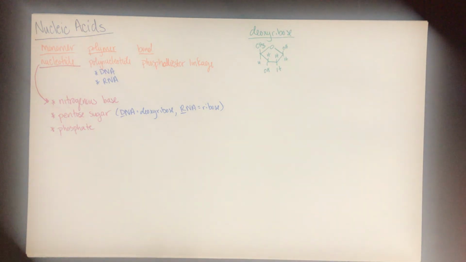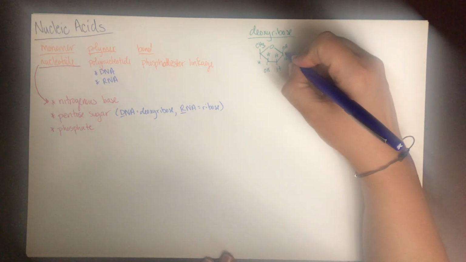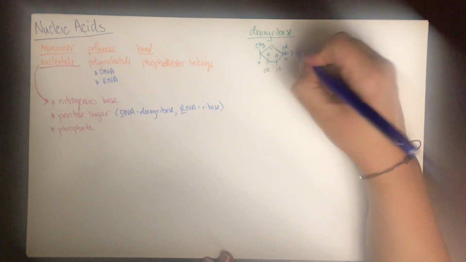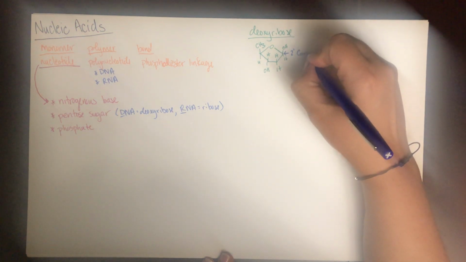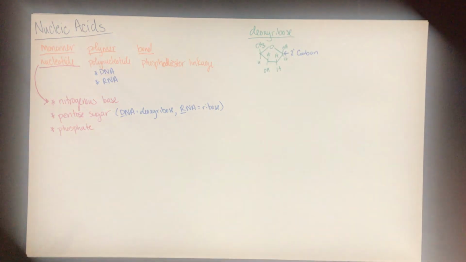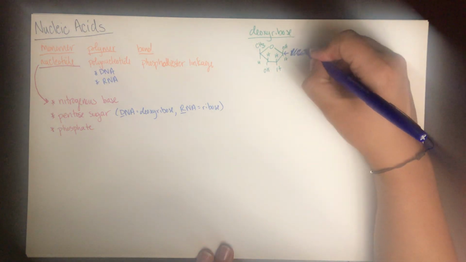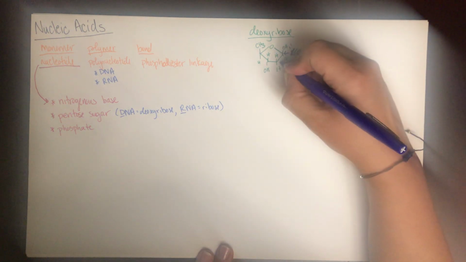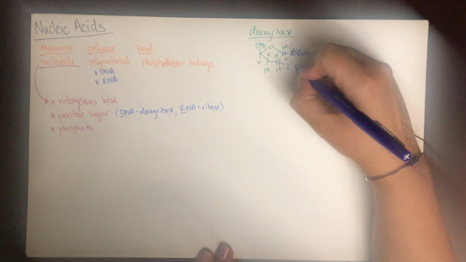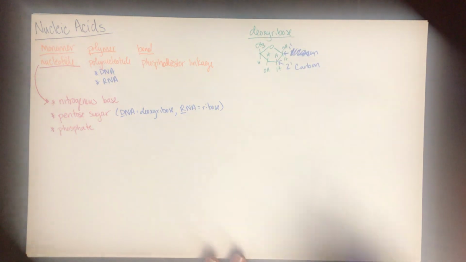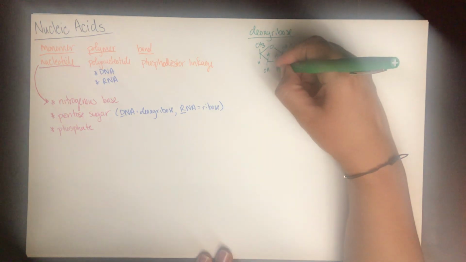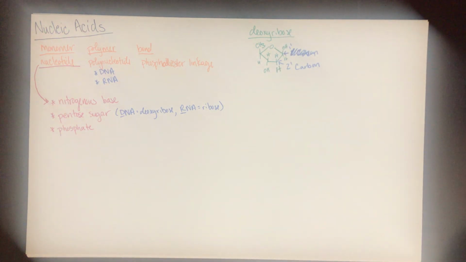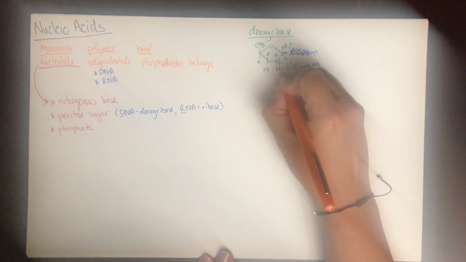What you are looking for is right here. We number sugars by the carbons. Whoops, I drew this wrong. This is not the 2' carbon. That's the first carbon. This would be 1. This is the 2' carbon. Sorry. What we're looking for here when you're differentiating between ribose and deoxyribose is this right here.